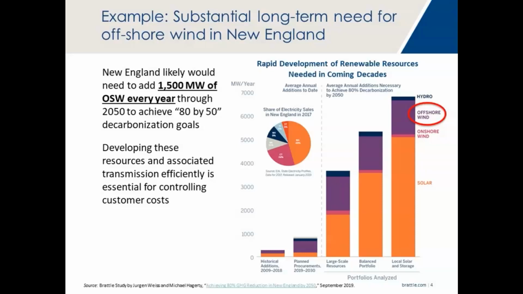What you see here on the left is that historically, even now where we are at a time that already feels ambitious, we have not been integrating in New England more than 1,000 megawatts a year. So we are really talking about annual renewable generation additions that are at least 5 times higher than what the region is used to today.